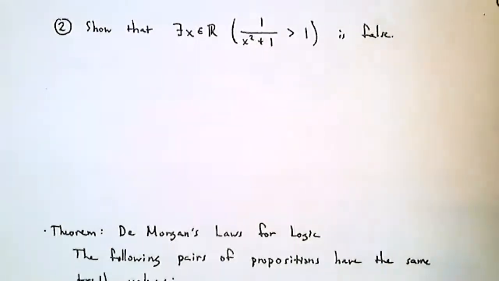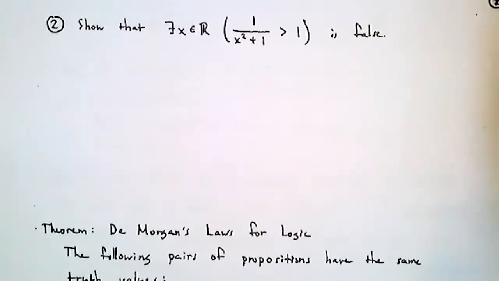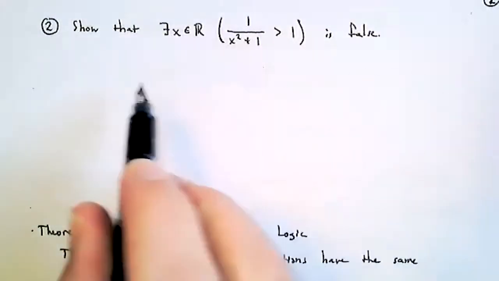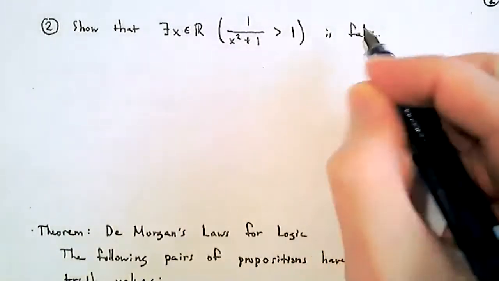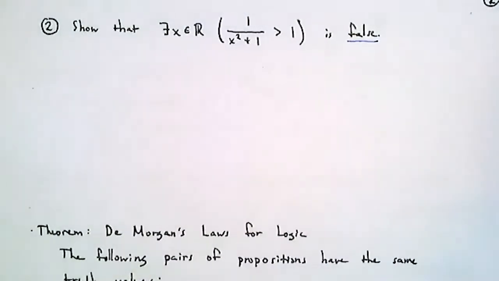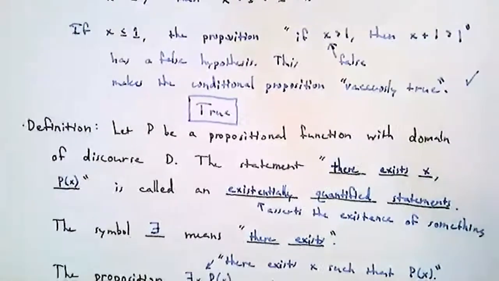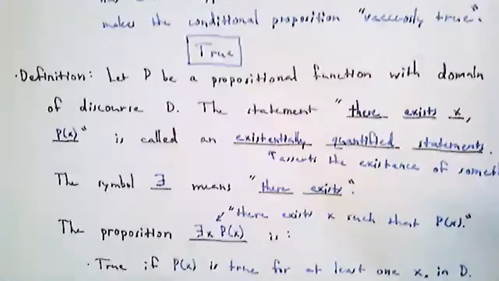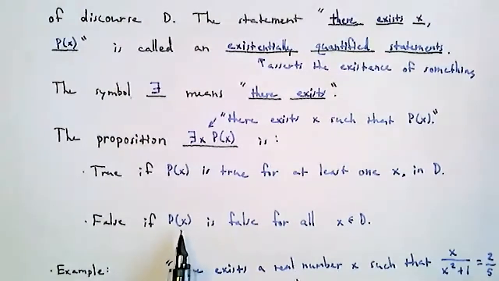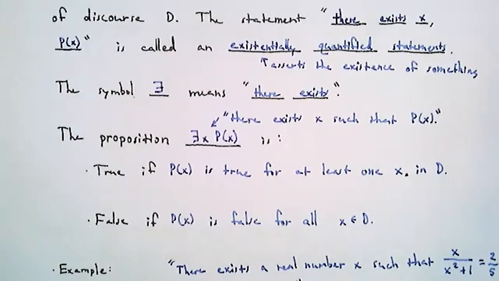Okay, so this next example involving existential quantifiers is a bit different because we are trying to show that it's false instead of true. And remember that an existential statement is false if it's false for every single x that you plug in.